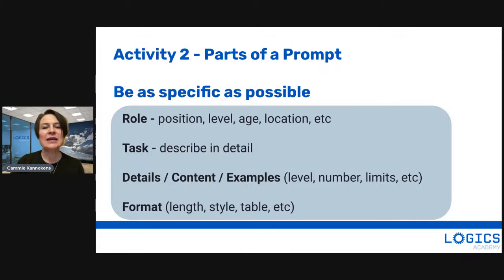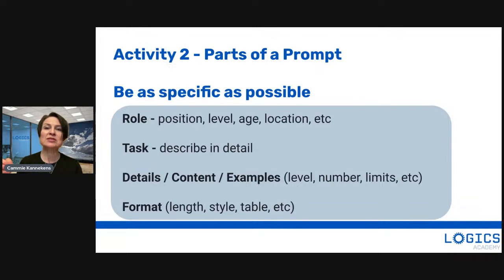And then finally, it's really helpful if you give it a format. You might say in a casual style or a professional style. You might say, I want my results in a table. You might say, I want 2 paragraphs. You could try a 50-word or a 750-word item. My experience is at this point, AI in general, including Gemini, does not do great work with specific word lengths.